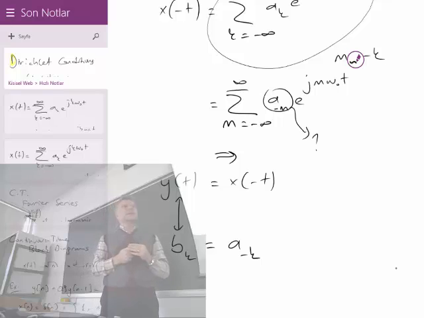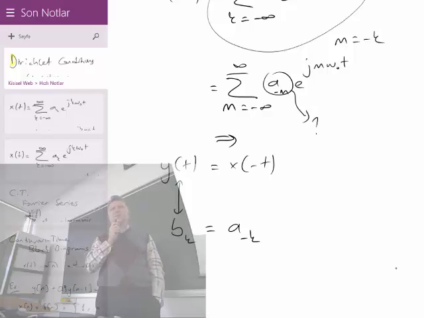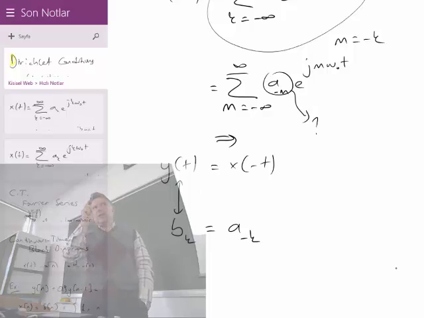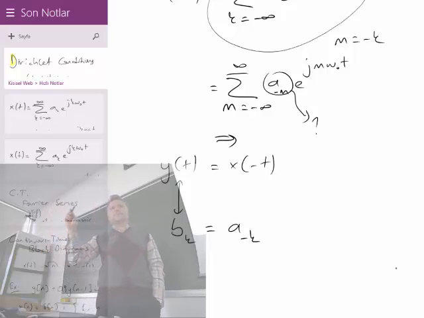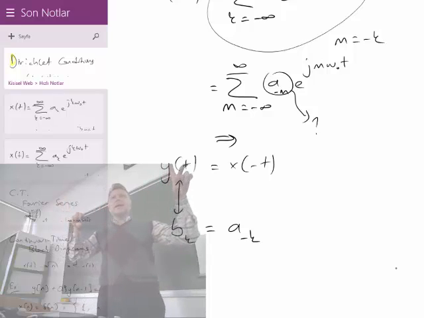However, that is not true for sine omega 0 t. Because from the Euler expansion of sine, do you remember what it was? It was 1 over 2j e to the j omega 0 t minus 1 over 2j e to the minus j omega 0 t. So one of the Fourier series coefficients, at k is equal to 1, is 1 over 2j. The other one is minus 1 over 2j. They are conjugates of each other. They have the same magnitude.